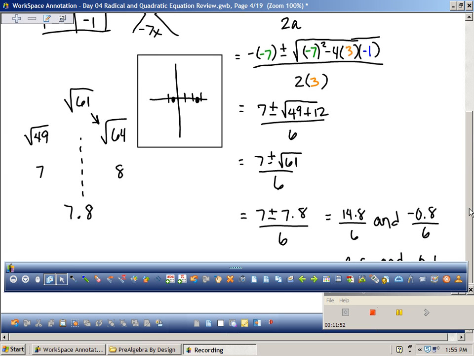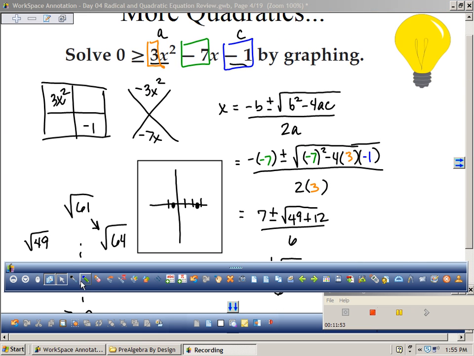So my graph should look like what? There's my zeros. Do you have any other piece of information? My y-intercept, where is it? Negative 1. That makes sense, right?